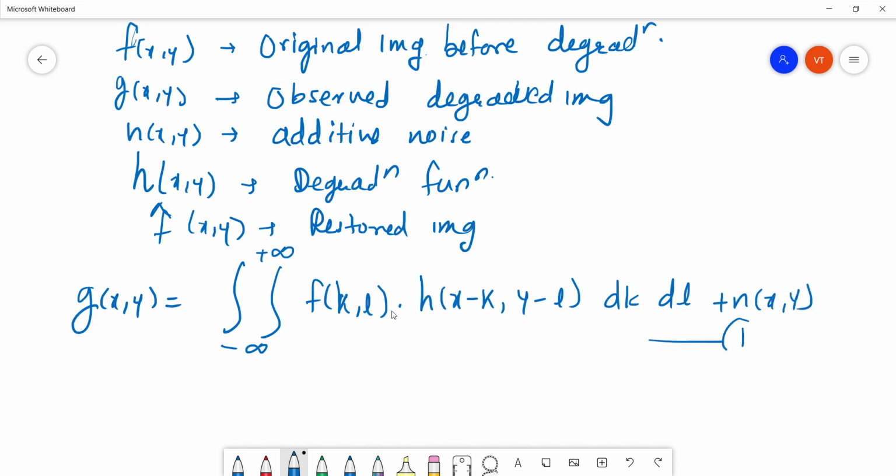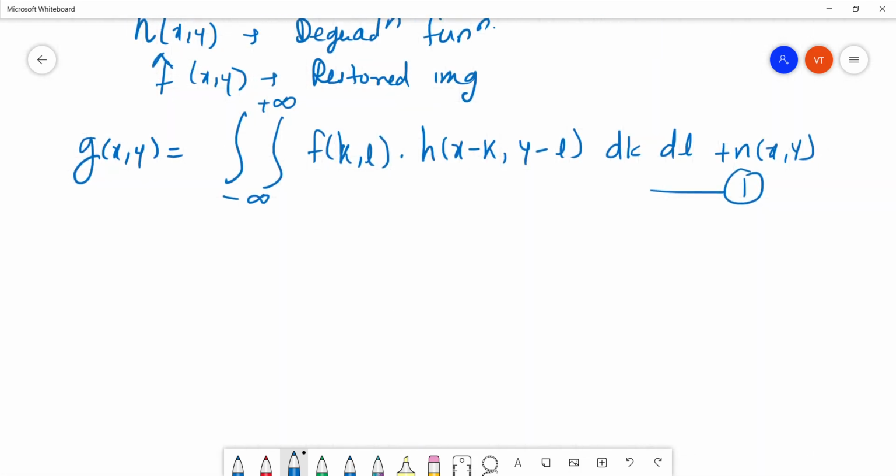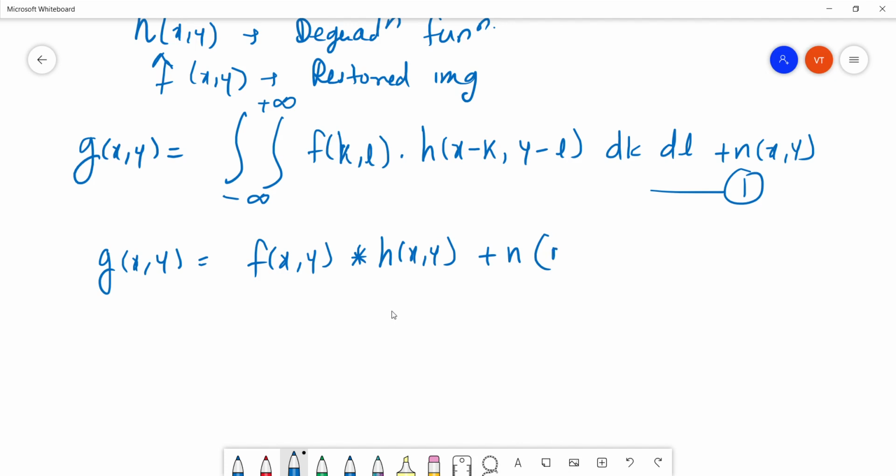This is equation number 1, which can be written as g of x comma y equals f of x y convolved with h of x y plus noise n of x comma y.